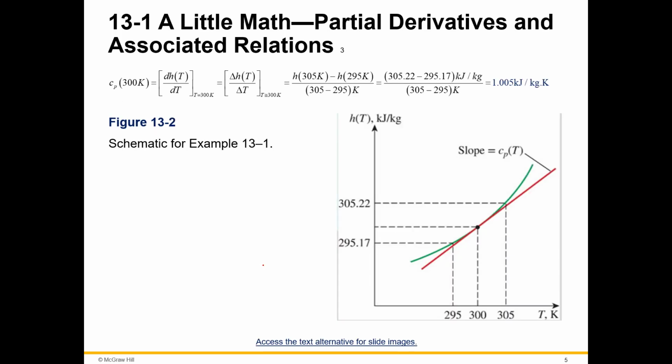So here's a schematic for 13.1, and you see that slope there along with the equation worked out above with this answer, 1.005 kilojoules per kilogram Kelvin, because we're using the Kelvin scale. And then you can see that plotted with your units specified, right? You always want to specify your units, otherwise the numbers mean nothing.